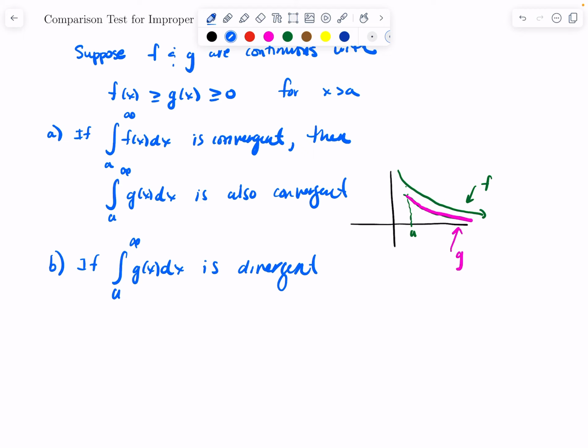It can't converge to a number and then something that has positive area underneath goes to infinity. So then this integral is also divergent. Now notice, if the one underneath, all we know is that it converges, the one above it could do either. So we know nothing.